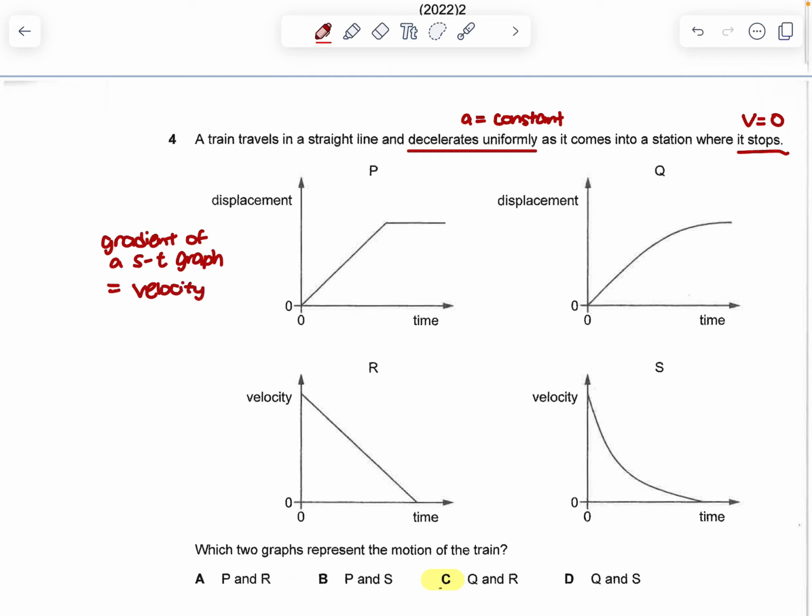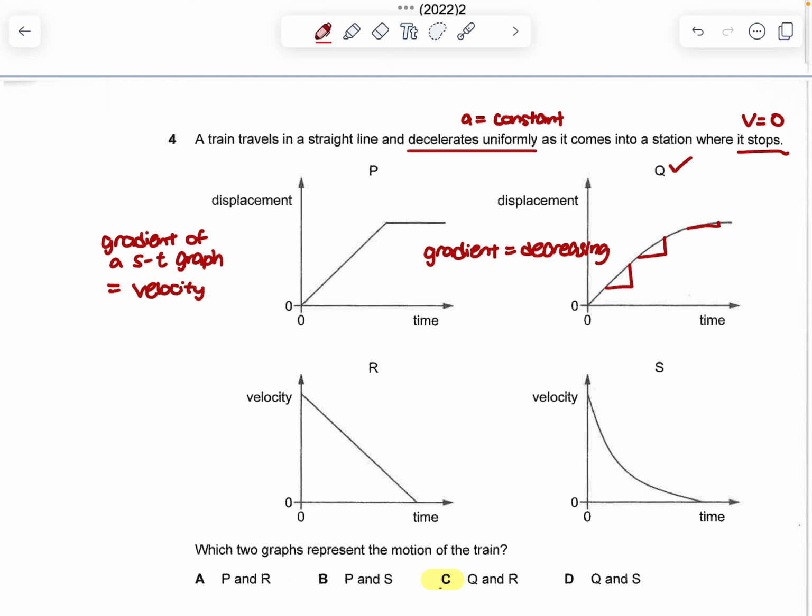Okay, so we're looking for a gradient that is decreasing to 0. So here, this is actually the gradient, and soon it becomes 0.